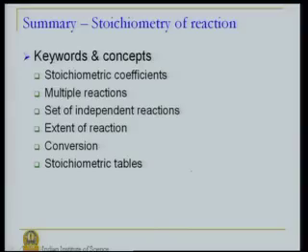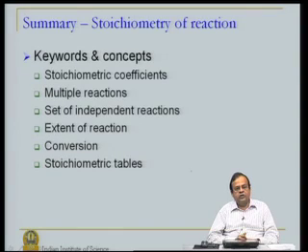We also talked about more than one reaction being possible, so multiple reactions. But when you have a set of multiple reactions, we need not all reactions, but only independent reactions.